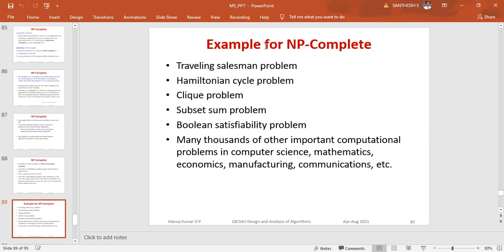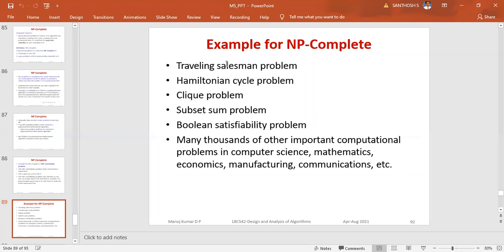Which examples can we take for NP complete? The traveling salesman problem. What is the traveling salesman problem? Start with a source, visit all nearby cities, and end the tour at the same starting place.